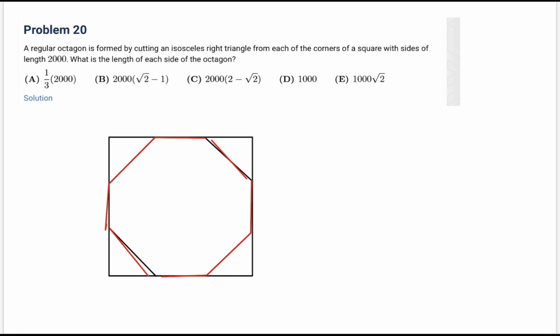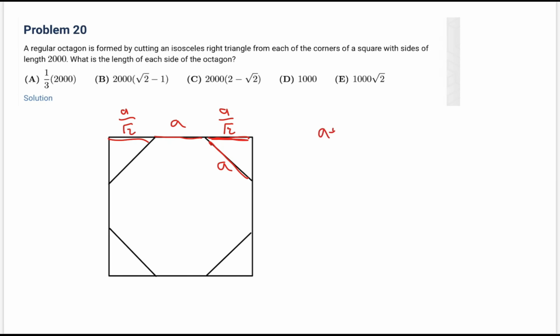Okay, so all these lengths are the same since it is a regular octagon. So if this length is A, then this would also be A. Since this is an isosceles right triangle, this length is A over root 2, and it's the same for here, A over root 2.